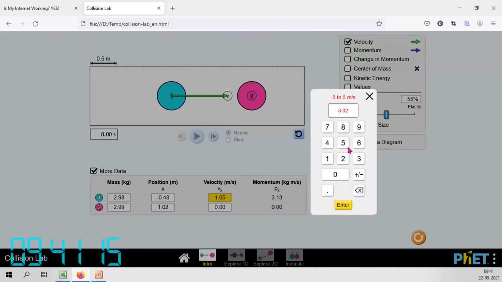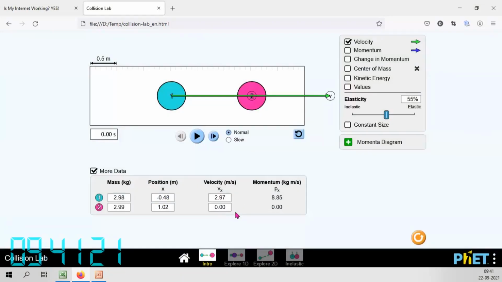It should not be more than 3, so I can make it only 2.97, 3, and elasticity is 1. So maybe I'll put 0.95.